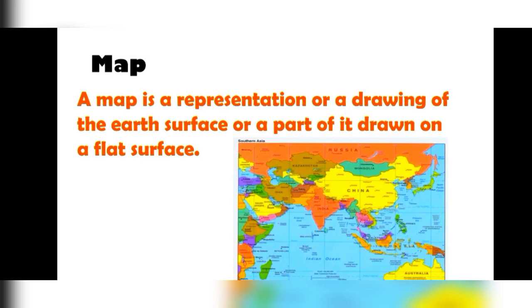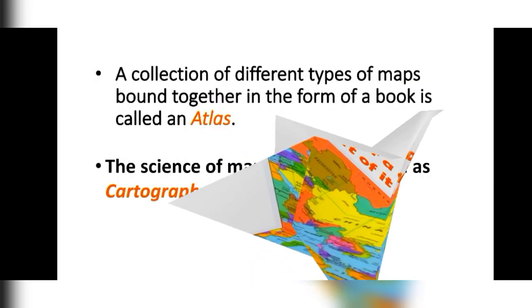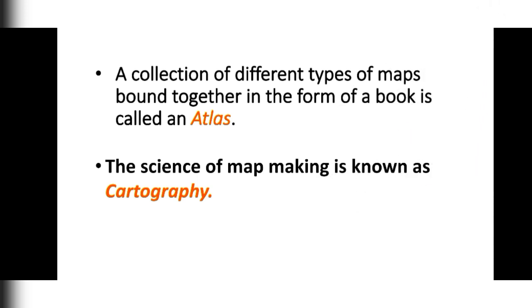In comparison to a globe, maps are easier to carry as they can be rolled, folded, or stored easily. Do you know a collection of maps bound together in the form of a book is called an atlas, and the science of map making is known as cartography.